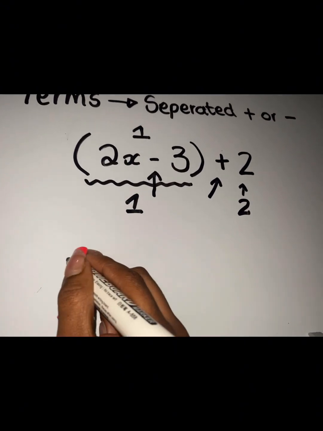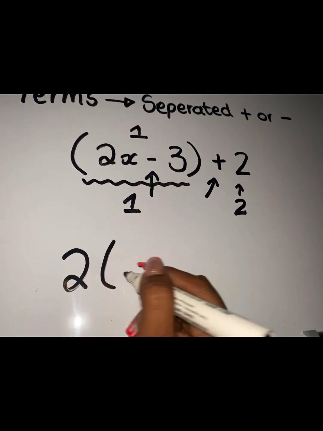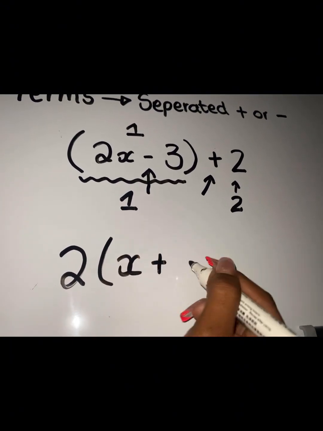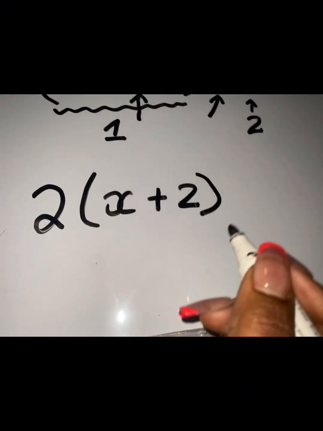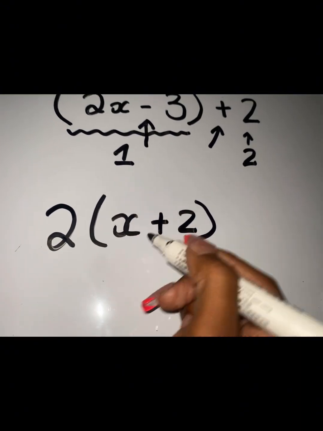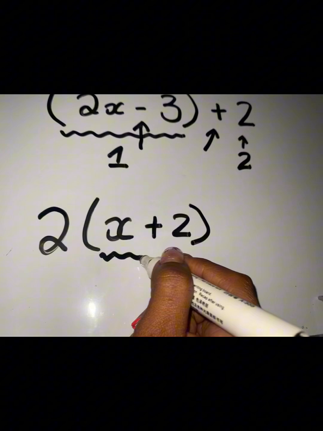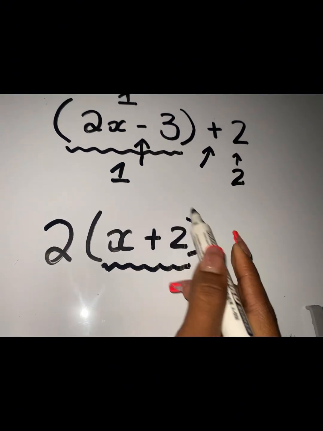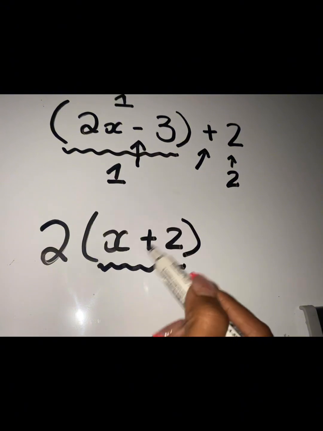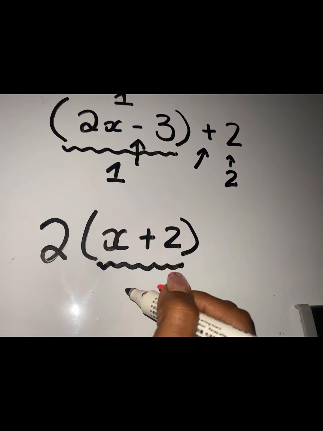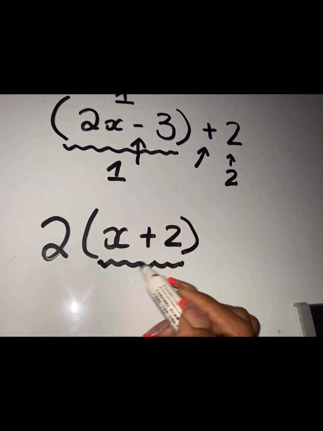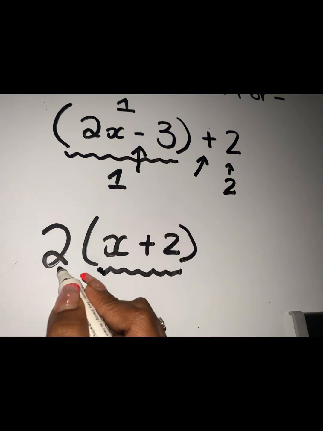Right. Now let's try something like this. Let's say we have 2(x plus 2). How many terms do you think are here, guys? Let's look at the bracket first. Whenever we have brackets, whatever is inside the bracket is regarded as one thing. But let's look at the 2.